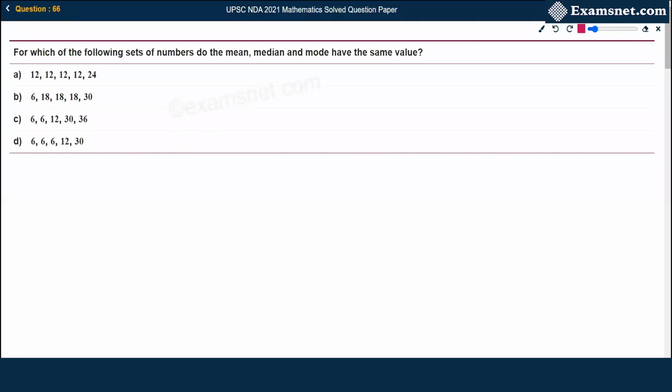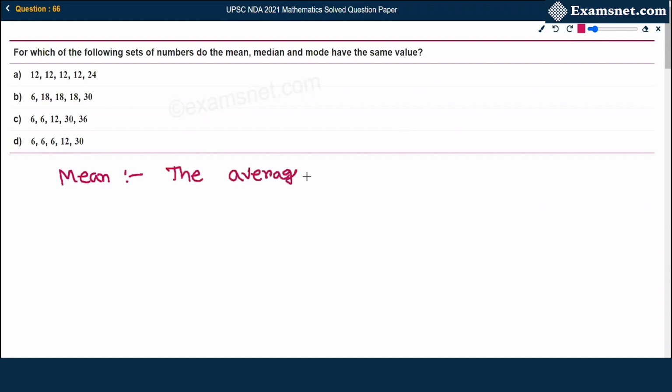In question number 66, it's given, for which of the following sets of numbers do the mean, median, and mode have the same value? First of all, I would like to discuss mean, median, and mode. What does mean mean? Mean means the average of the given data, right?